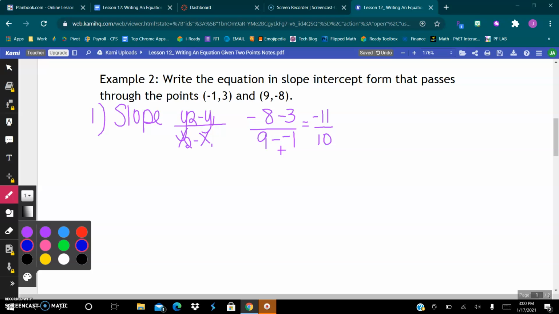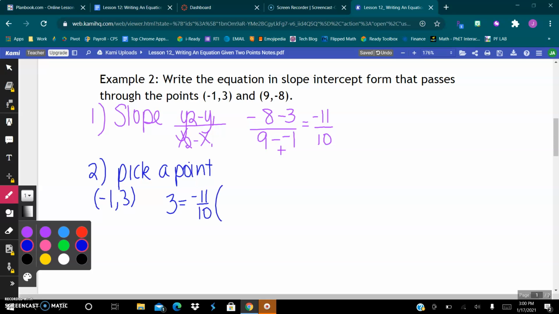All right, and then step 2, we're going to pick one of those points. I'm going to pick (-1, 3). And let's plug them in. So y is 3 here, equals m, which is our slope, and x from our point. Then we have this plus b. So now we have to simplify. -11 tenths times -1 is going to be 11 tenths, and 10 times 1 at the bottom is going to be 10.